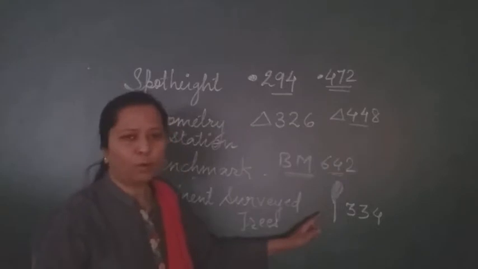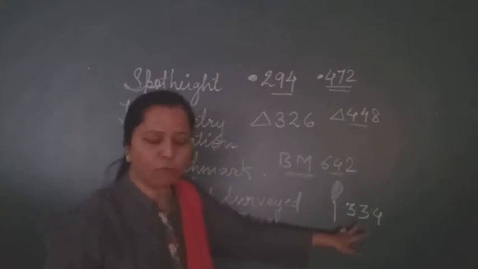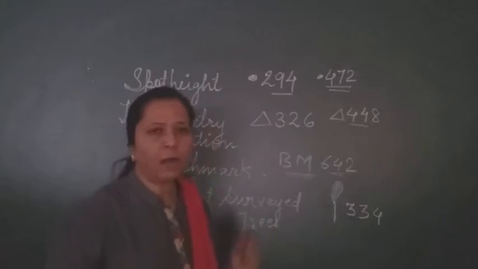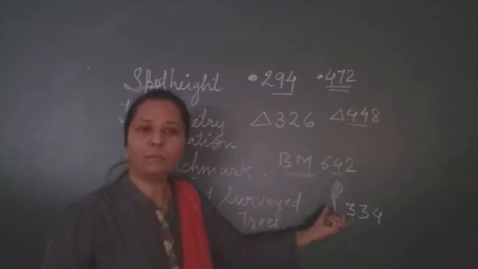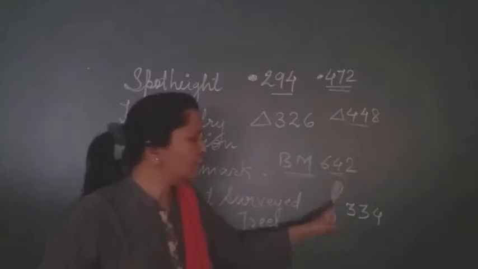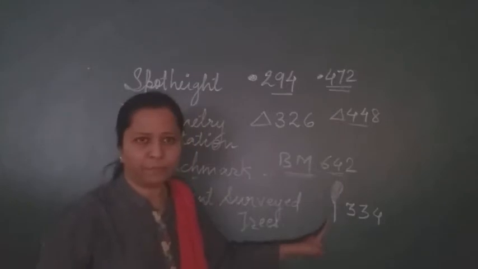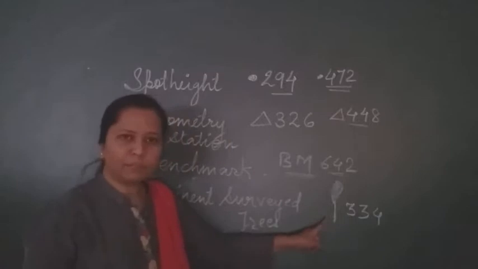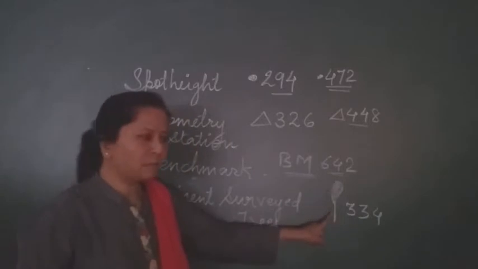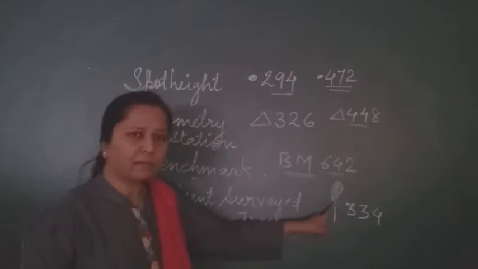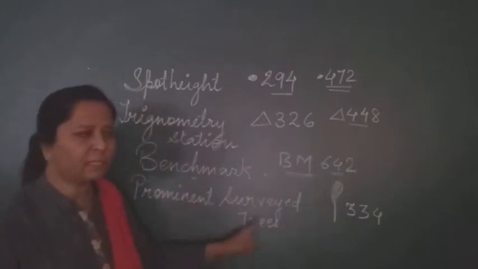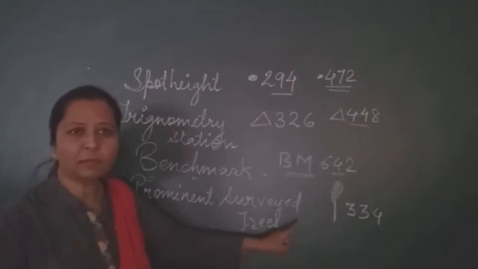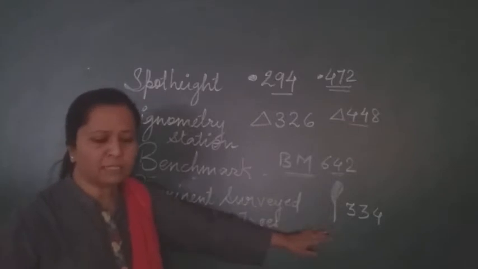When such a symbol and 334 come, it means that the point above mean sea level is mentioned. It is not the height of the tree. So when a tree symbol in black color comes with any number, it means that it is a prominent surveyed tree. It is not the height of the tree, but the point which is above mean sea level.